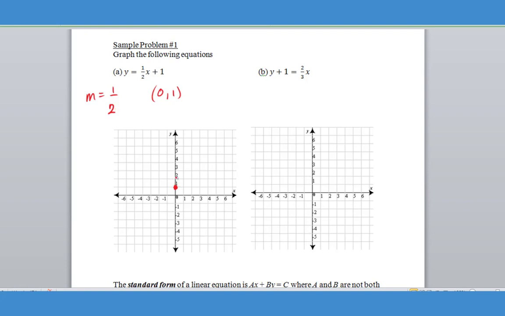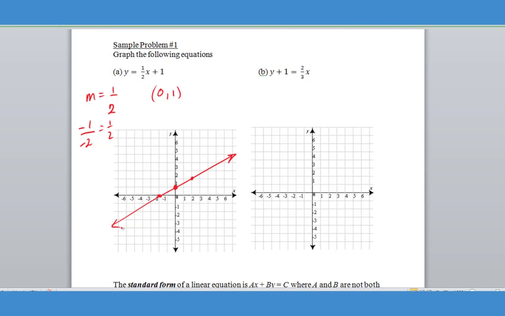I'm going to go up 1 and over 2. I could also reverse that process and go down 1 and backwards 2, and of course -1 over -2 is going to equal 1/2. I don't have a straight edge handy, but you could see the trend through those 3 points, and we would draw the line. That represents the line y equals 1/2 x plus 1.